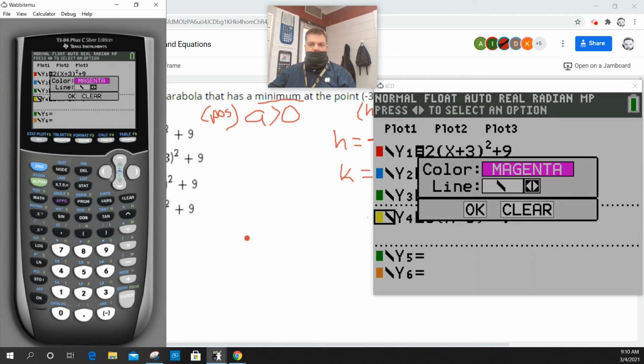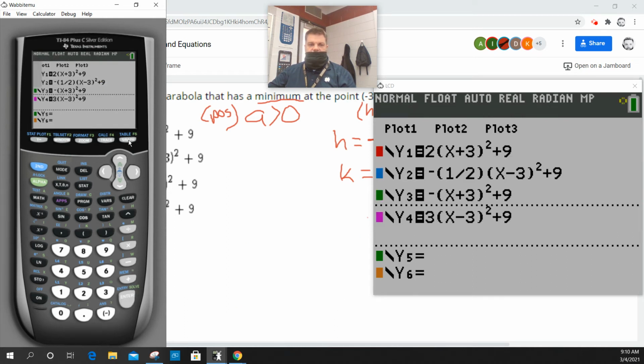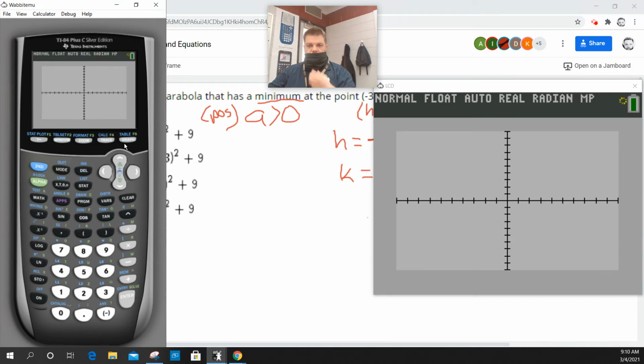Magenta. All right, cool. I'm going to hit enter. Now just hit graph. Uh-oh, SpaghettiOs.